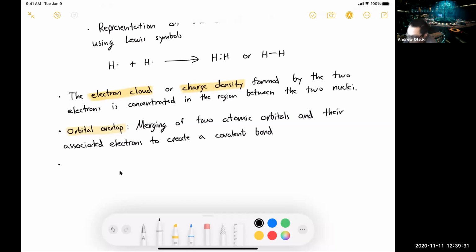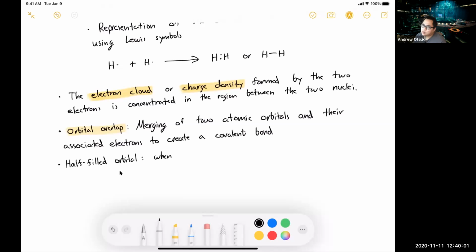So there's also one more term we should think about. It's called the half-filled orbital. When an orbital has a single electron, it can participate in covalent bonding.